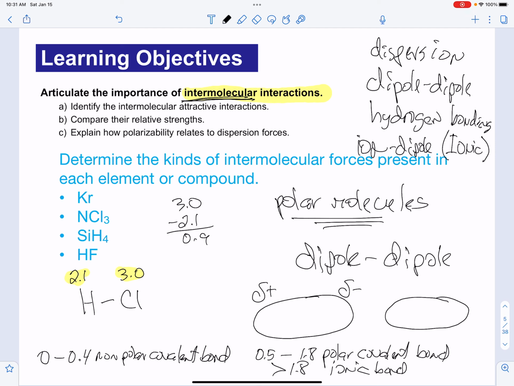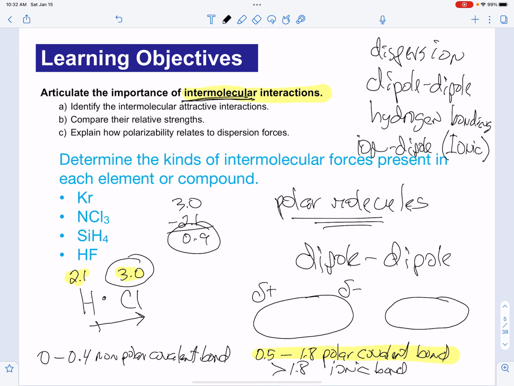So since this is 0.9, that would be a polar covalent bond, which means there's a force strong enough to pull the electrons toward the side of the chlorine, the one with the bigger electronegativity value, and they will stay there. The nucleus of the chlorine has an effective charge strong enough to pull the electrons that are being shared.